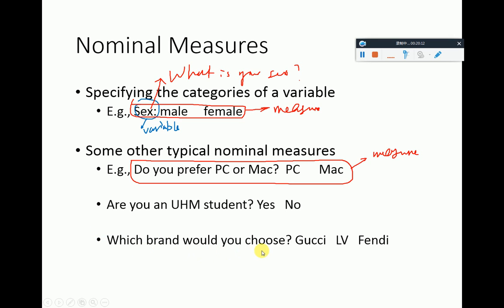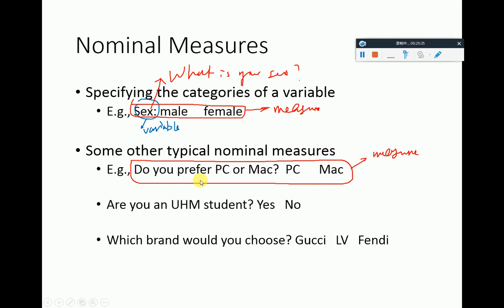This will be a measure, the ruler, the tape measure that we use to index people's brand preferences, right? This is their computer preferences. This is their biological sex. So we use a measure to measure a variable. Again, we use a measure or a scale to measure a variable.